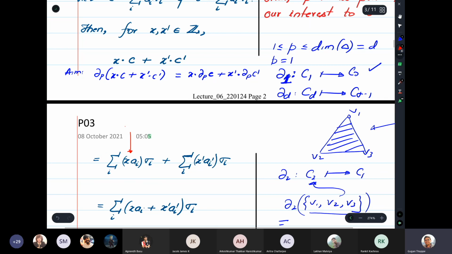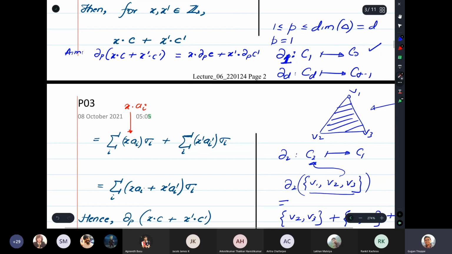In order to be precise, I should have written it as x · a_i, formally taking the multiplication between two field elements. However, I'll write it as x a_i so that I can reduce some of the notation. This is the coefficient in front of σ_i, which is the scalar multiplication rule that we have studied.